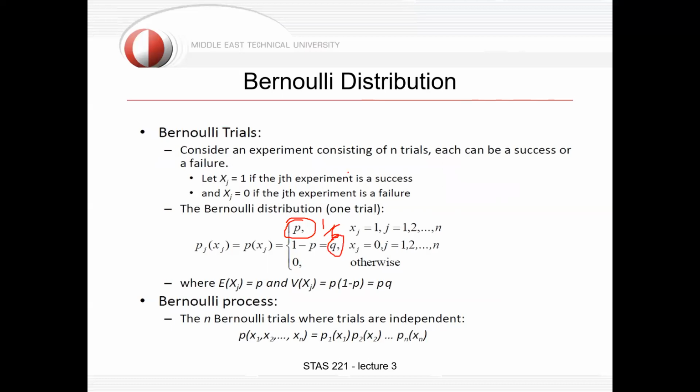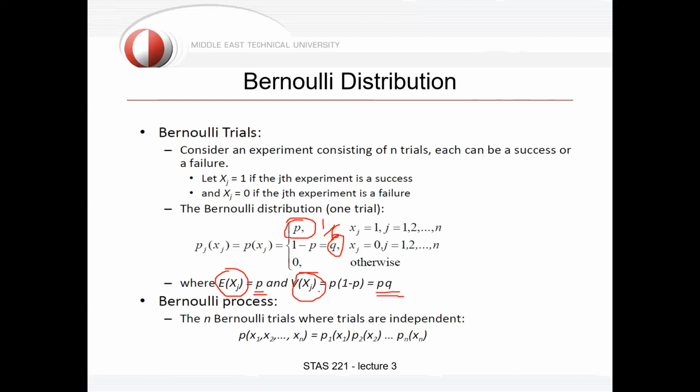Q is the probability of failure, which is 5/6 in that example. Now, the good thing about Bernoulli distribution is that, again, you can find expected value and variance very easily. Expected value is the probability of success, and variance is the probability of success multiplied by the probability of failure, and it's very easy to find.